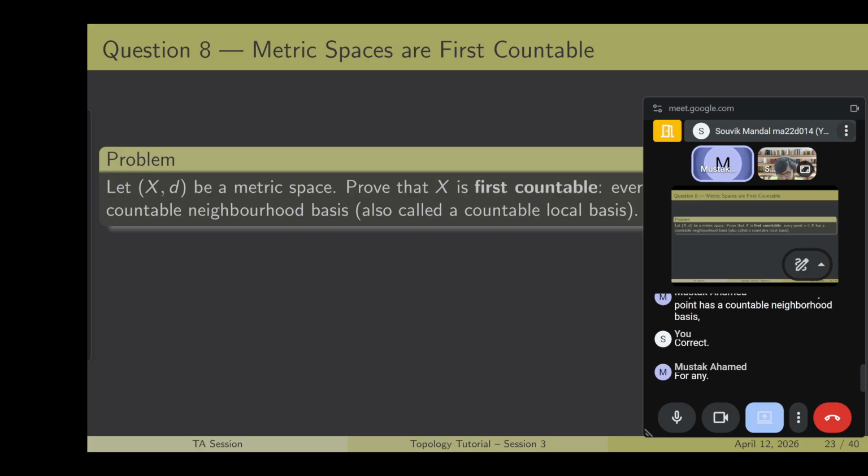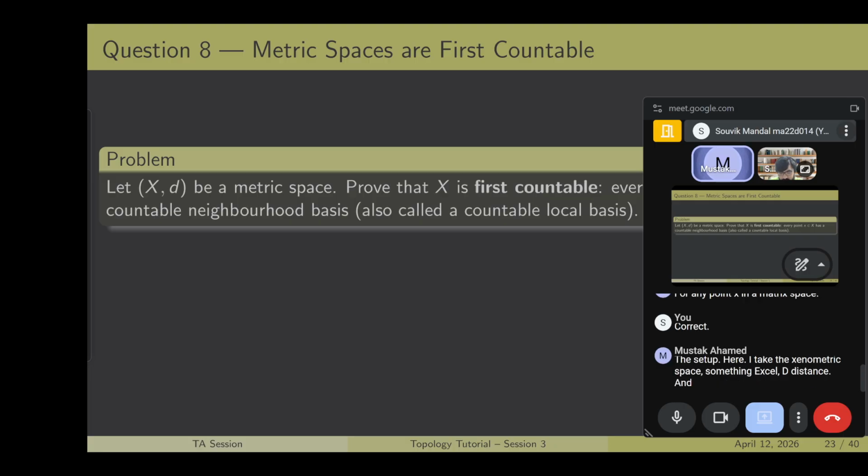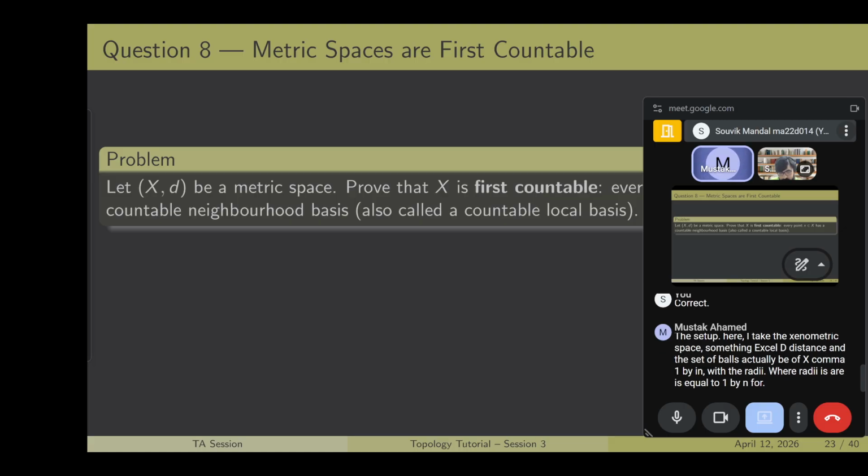For any point x in a metric space (X, d), the set of balls B(x, 1/n), with radius r equal to 1/n for n belonging to the natural numbers, constitutes a countable local base.